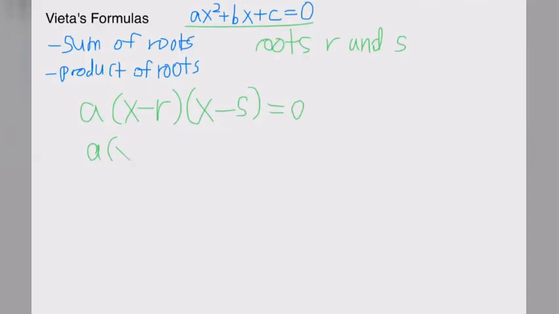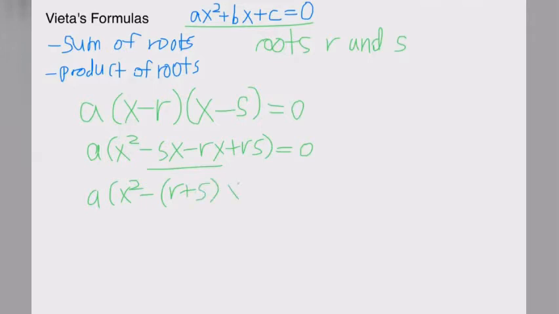This is going to simplify to x squared minus sx minus rx plus rs equals 0. And I can combine: a times (x squared minus (r plus s)x plus rs) equals 0.